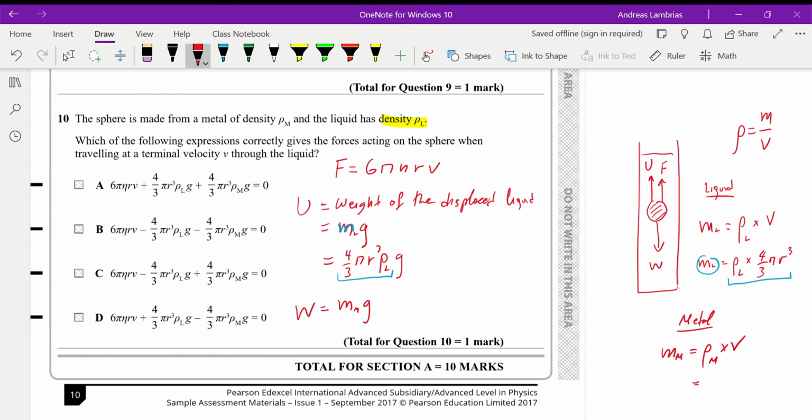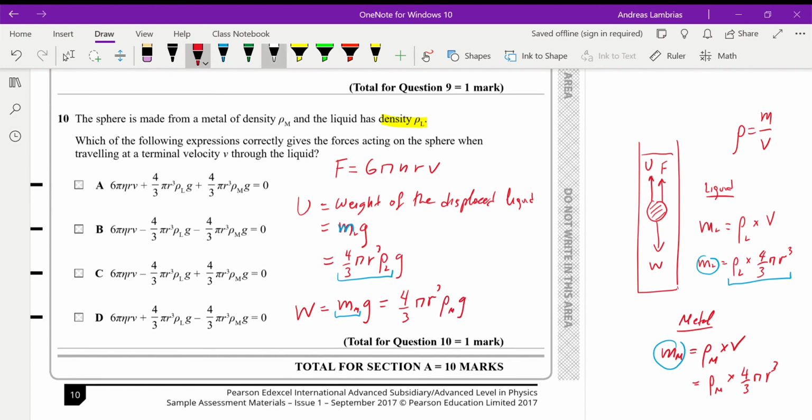So we have this relation. If I replace that m with that m now, that will be 4 over 3 pi r cubed times the density of the metal times g.